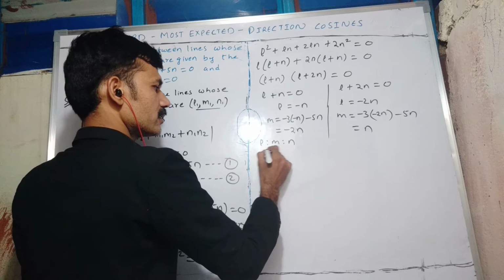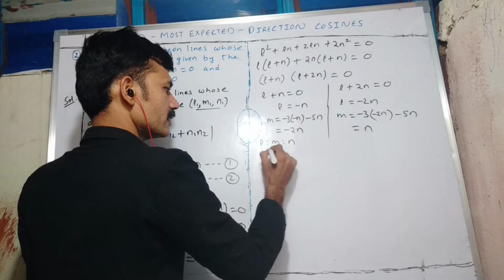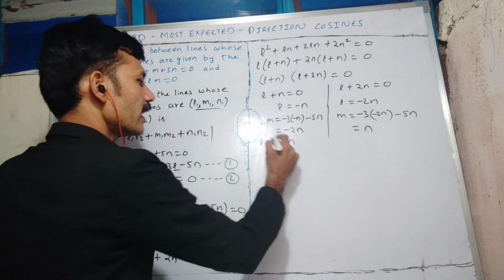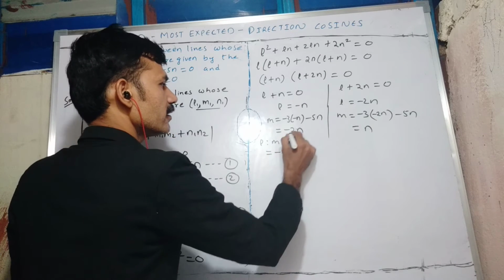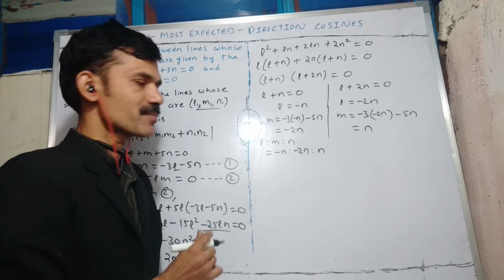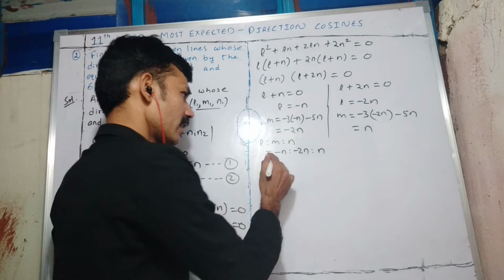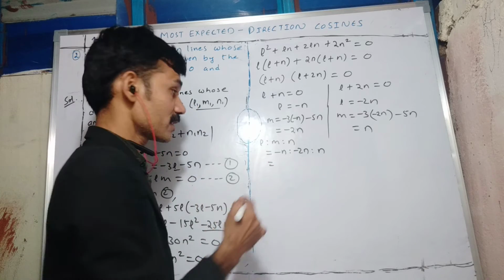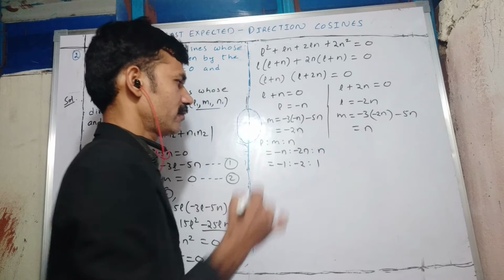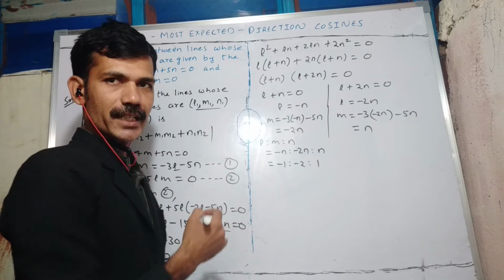Now we first find the direction ratios. For the first line, if l is minus n and m is minus 2n, everything is expressed in terms of n, so we cancel n and express in lowest terms: minus 1 is to minus 2 is to 1. These are the direction ratios.